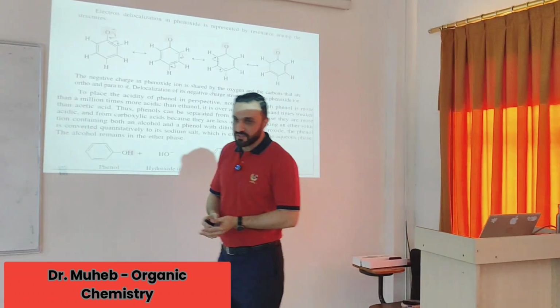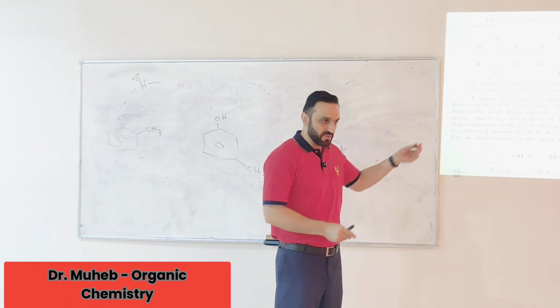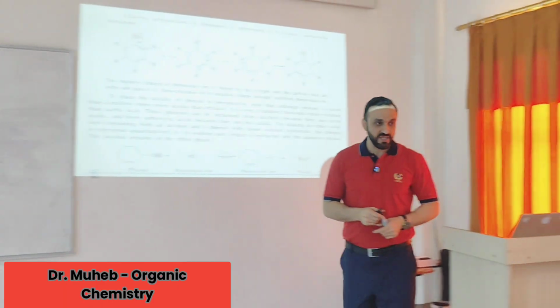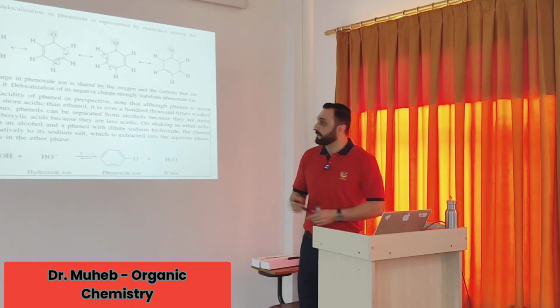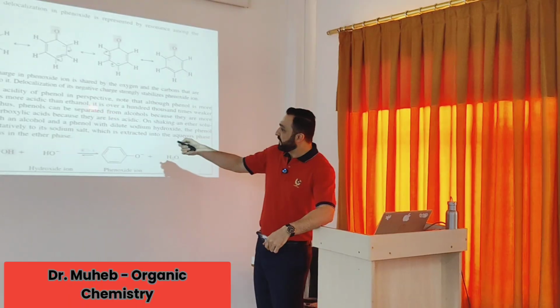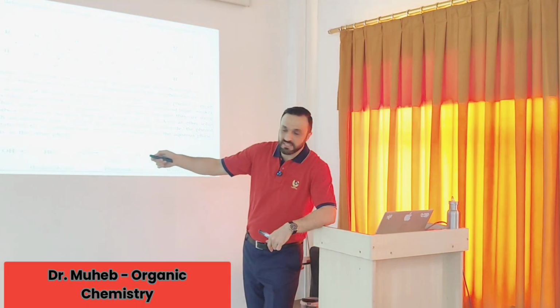Oxygen atom, of course. For this reason, the conjugate base of the carboxylic acid, I will give you in the next slide, will be more stable than that of phenols. So for this reason, he said phenol is weaker than acetic acid, than carboxylic acid.